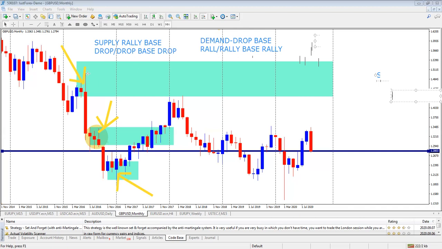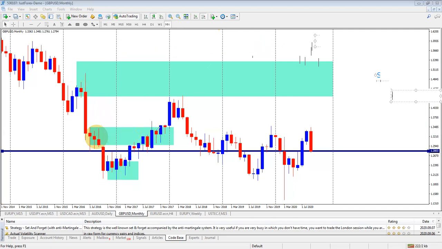I have this whole move as a drop, and I have this one as a base, and I have this one as a rally, which broke this previous supply. Are you still with me, guys? These are the two forms of demand.